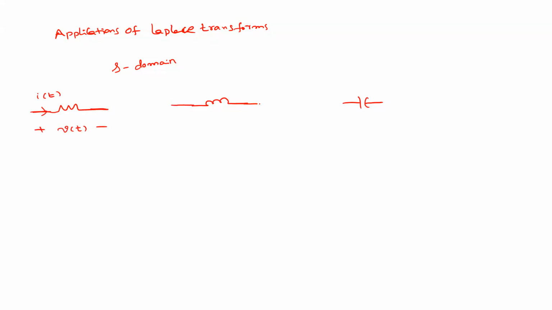Similarly, here also, its voltage is V of t and its current is I of t.